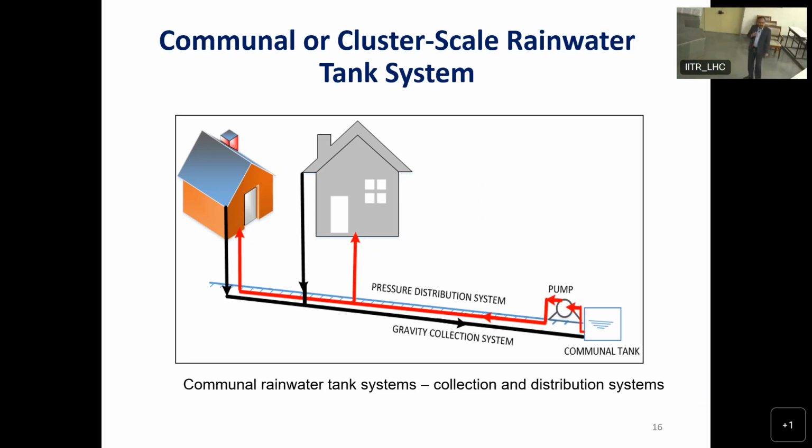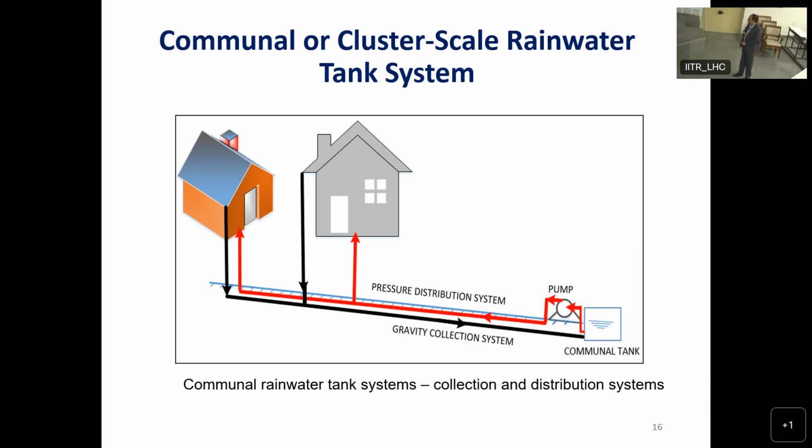Then, depending upon whether we are using it only for potable applications, non-potable applications, or both, we will have treatment options too. I will talk about the treatment aspect and give you one example where a communal rainwater tank is being used for 50 homes.